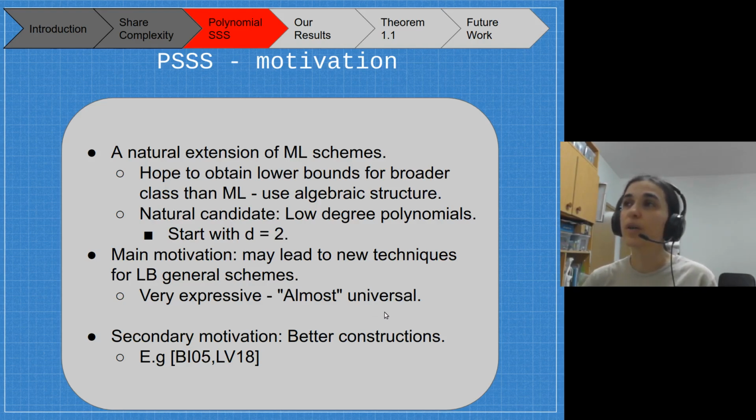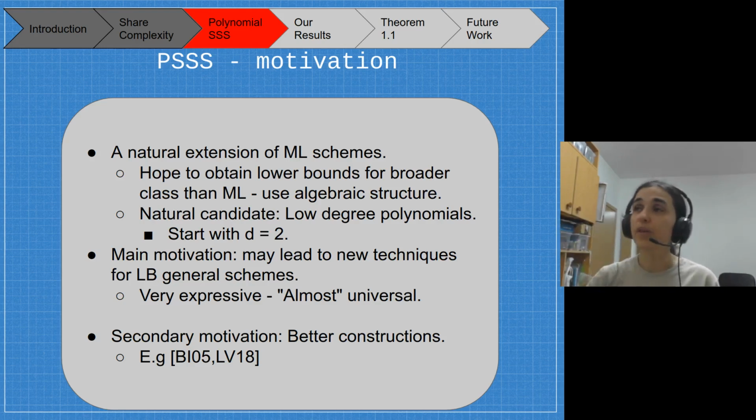Also note that without the degree restriction, polynomial schemes capture almost all secret sharing schemes without a change. We can take any scheme and just represent it as a polynomial scheme, almost. We will talk about it again in the future work.